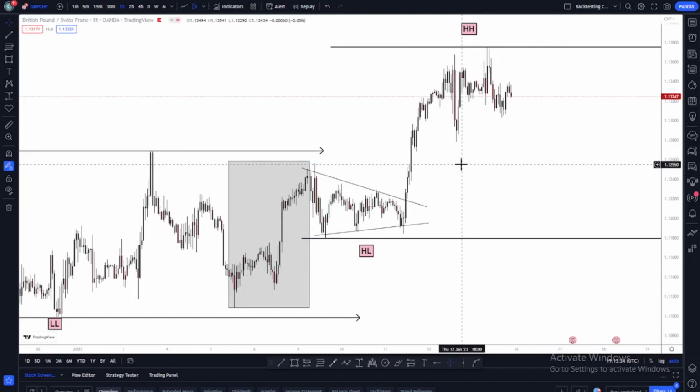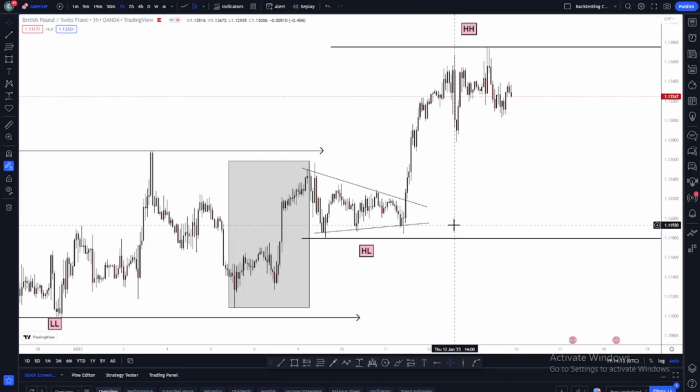So after this chart pattern formed, what was I looking to do? I just waited for price to break that chart pattern, or close above that chart pattern. So what did price do next?